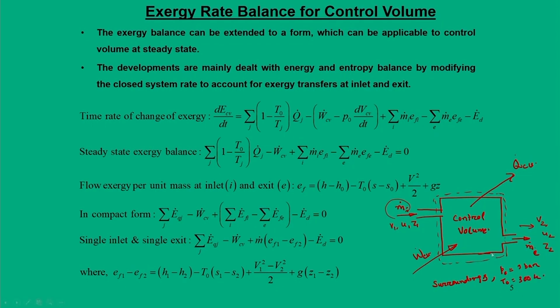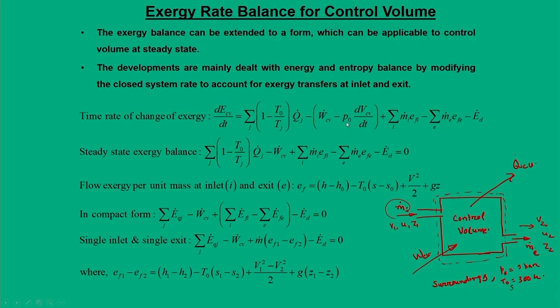Now, for this control volume, we can find out the time rate of change of exergy, dE_CV by dt. This could be with respect to heat, with respect to work, that means work transfer to the control volume.